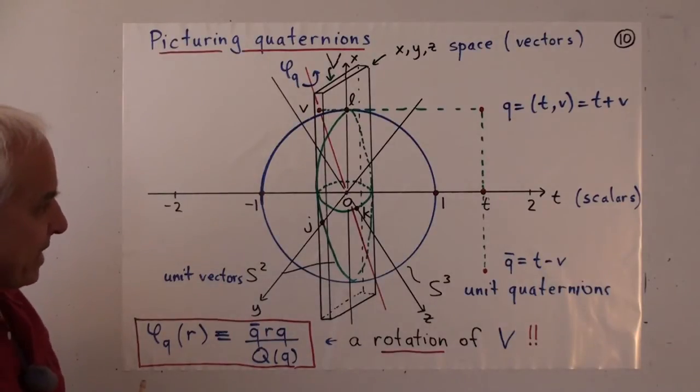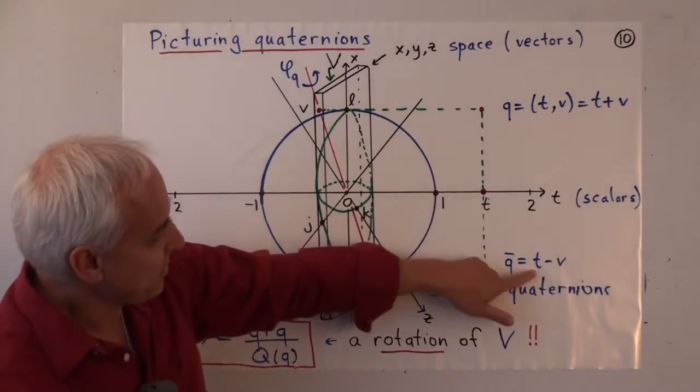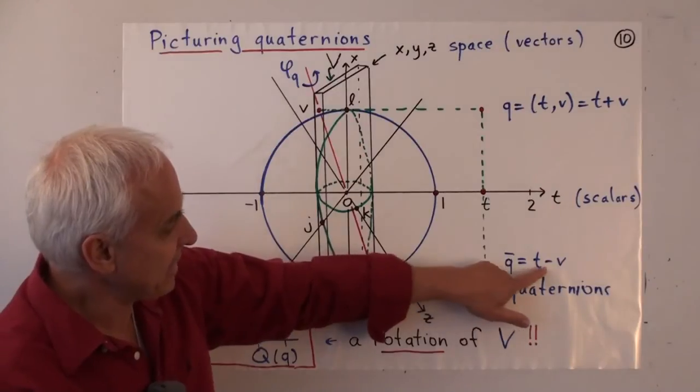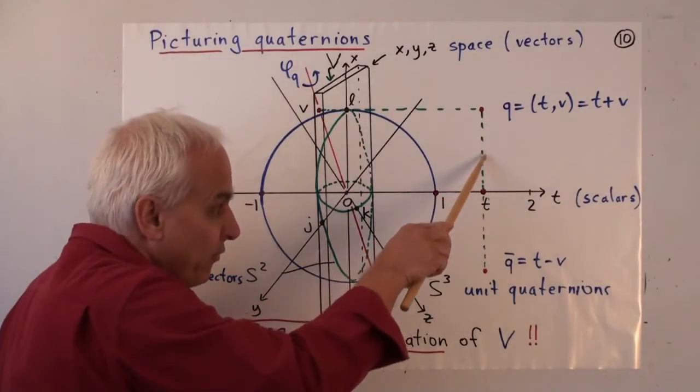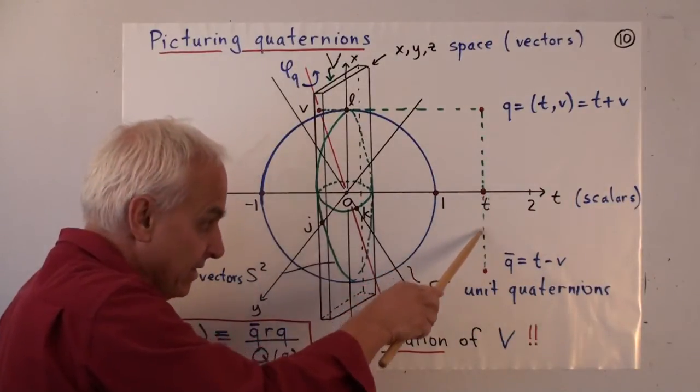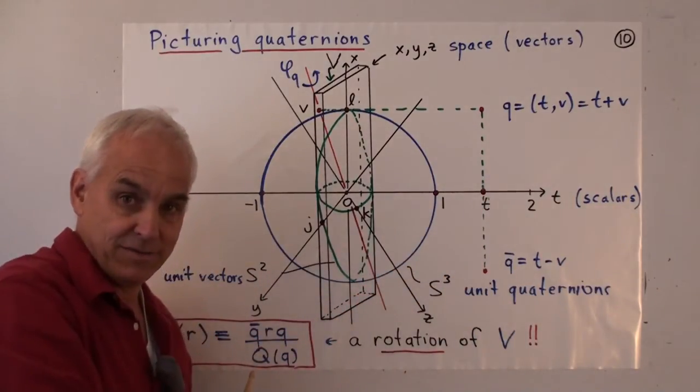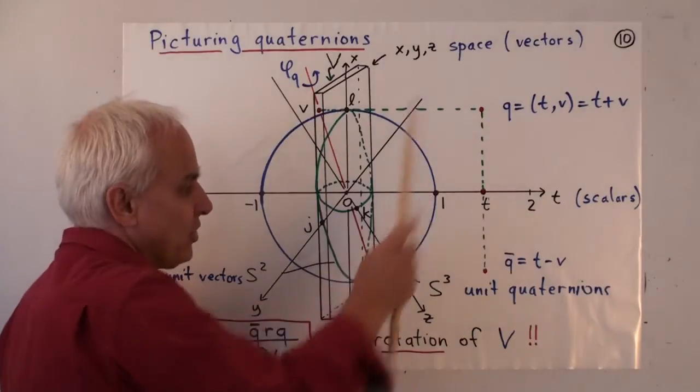Now I should also say, here's the conjugate of Q. It's T minus V. So it's what we get when we reflect this Q through this point T and an equal amount out the other side. That's the conjugate of Q.